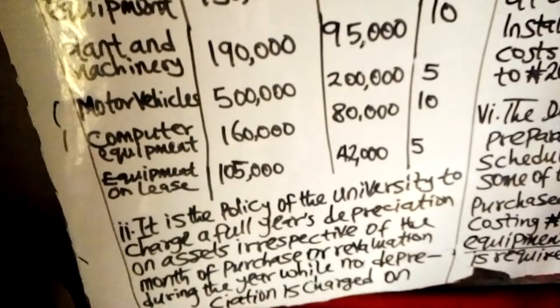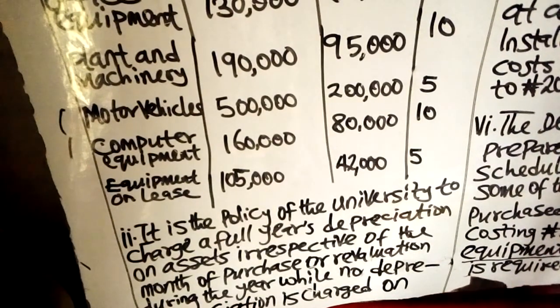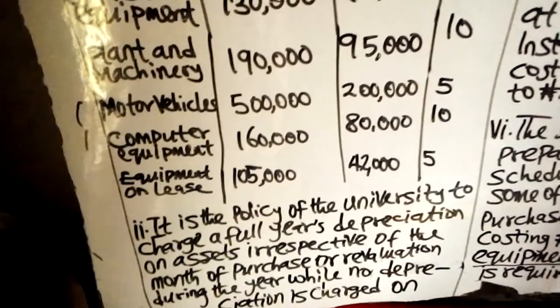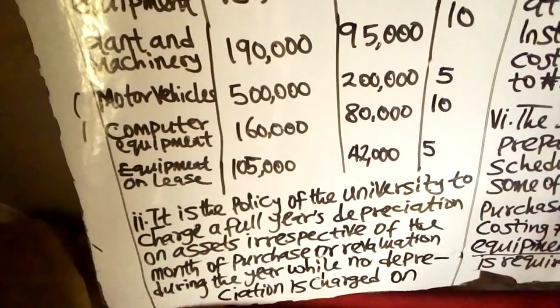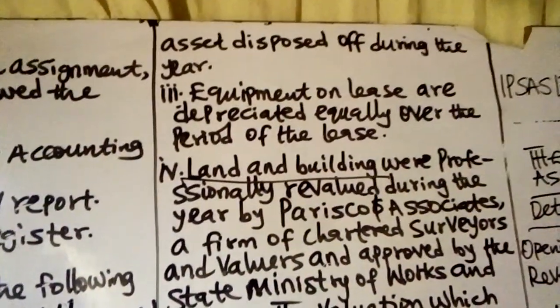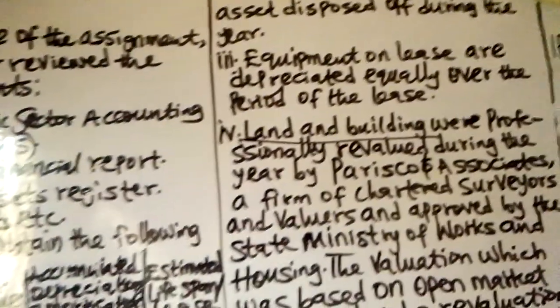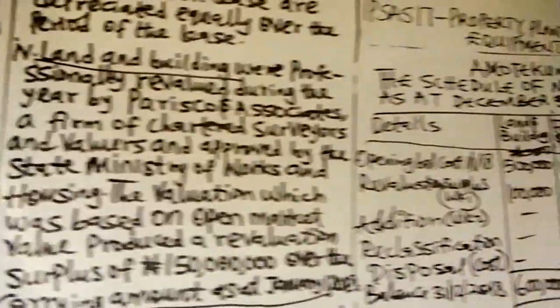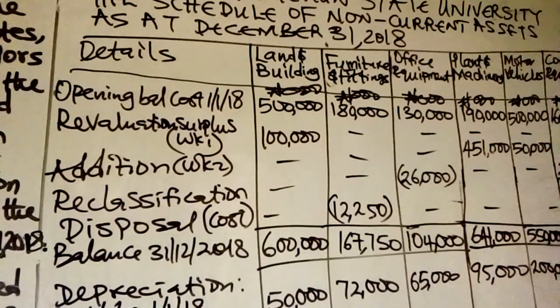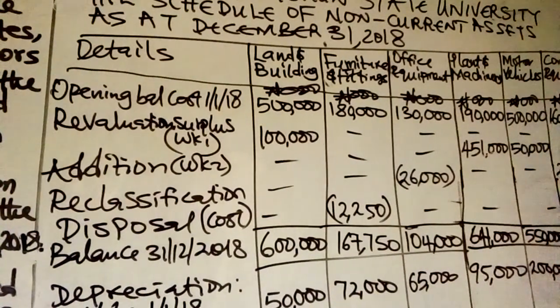You were told that it is the policy of the university to charge a full year depreciation on assets, irrespective of the month of purchase or revaluation during the year, while no depreciation is charged on assets disposed of during the year. So you charge full year depreciation, irrespective of the date of acquisition or revaluation.